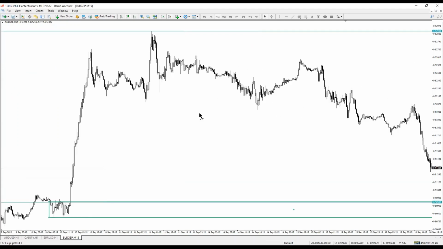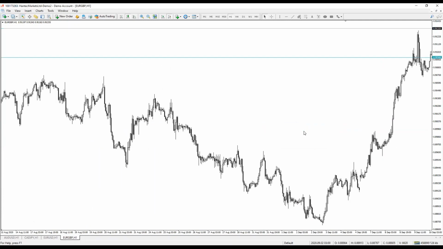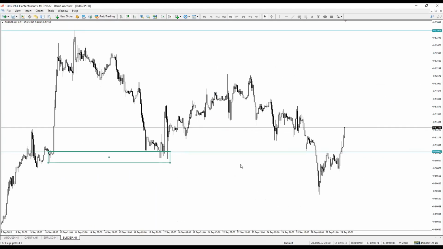The same thing applies on the seller side, and this is what we call supply. We see price rising up, then there is a decision to go down. We can see this with the naked eye, very, very simple. So we have the decision point where price goes down, and then we have the swing high.